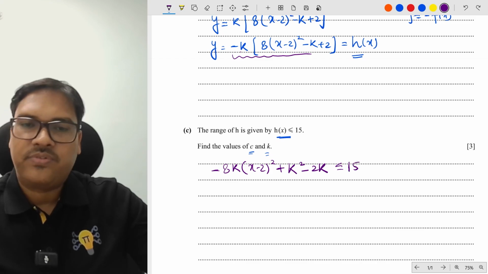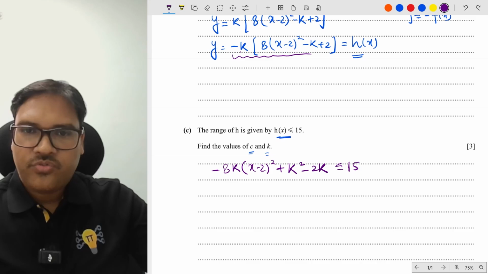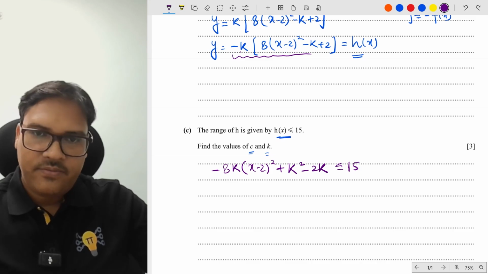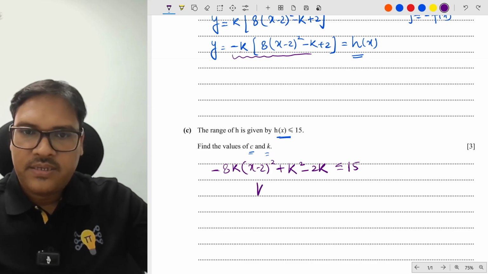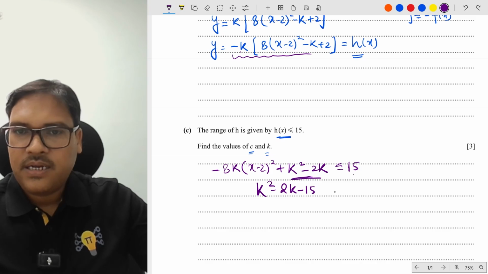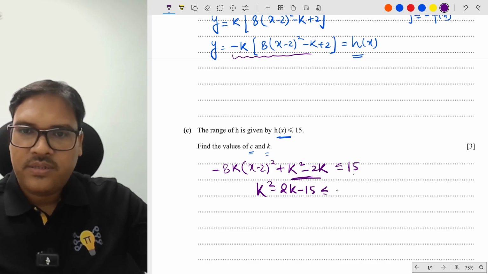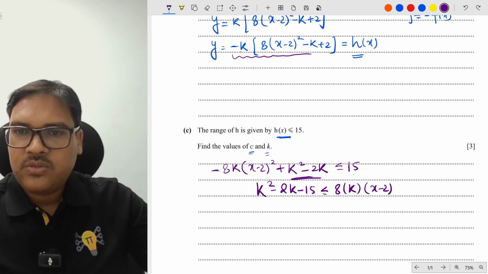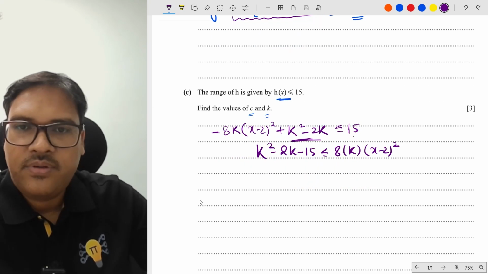So from this you have to find c and k. What we can say is k squared minus 2k minus 15, if I take this and this, is less than or equal to 8k times (x minus 2) squared. This is the expression we have.